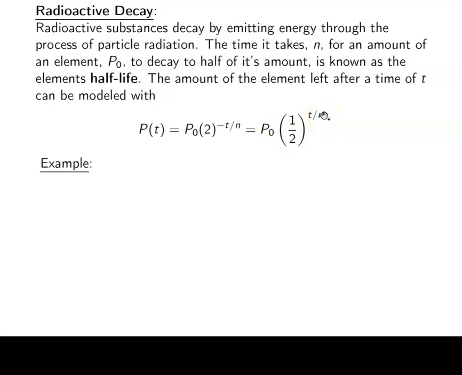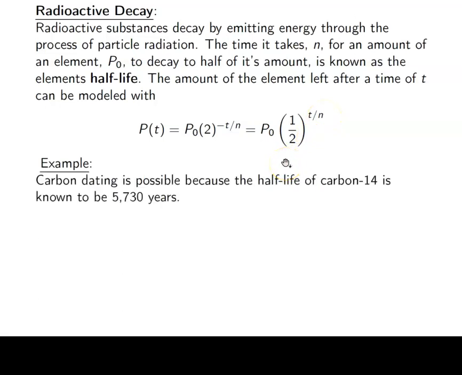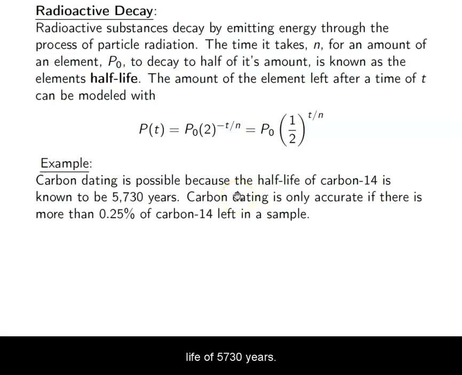Okay, so let's do an example. The process of carbon dating is possible because certain elements have known half-lives. One of those is carbon-14, which is known to have a half-life of 5,730 years. Carbon dating is only accurate if there is more than 0.25% of carbon-14 left in a sample.